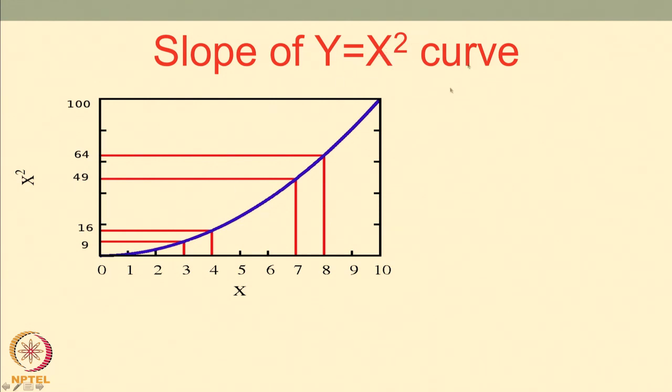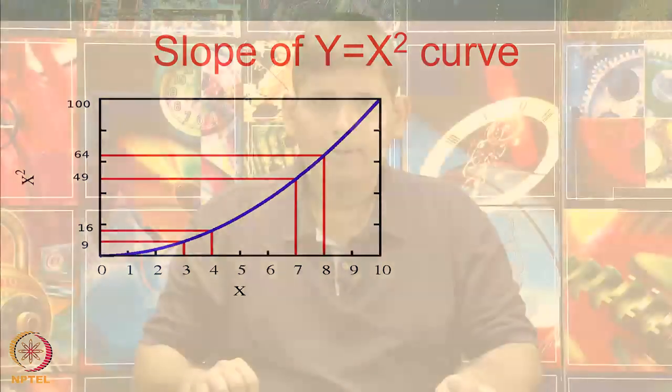Therefore, this is a curve, not a line, and we will familiarize ourselves with computing the slope of this function at various points. We will see how to compute the derivative of the y is equal to x square curve.